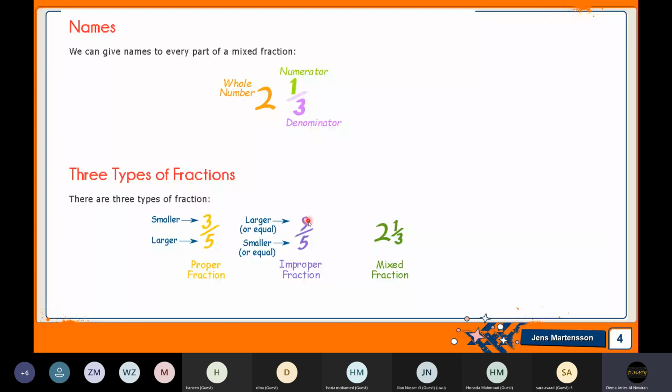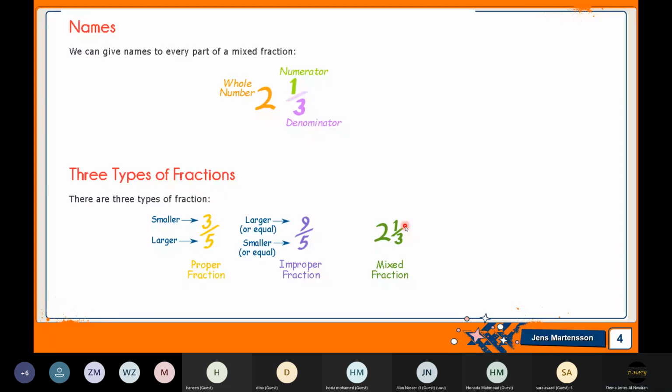But if the up is larger and the down is smaller, or if both of them are equal, we call it an improper fraction. And if we have a whole number with a fraction, we call it a mixed fraction. These are the three types of fraction.